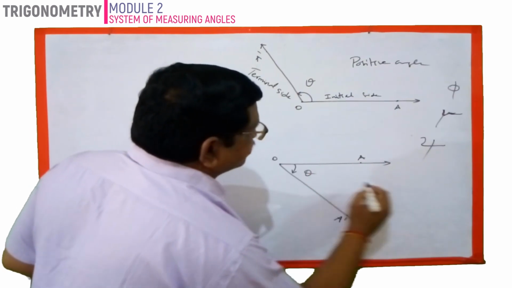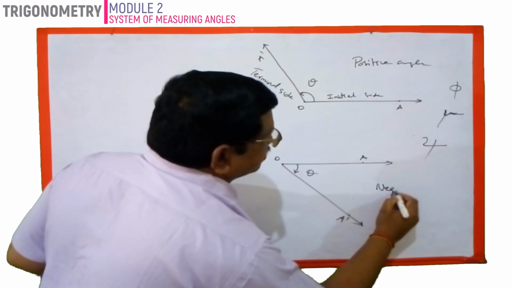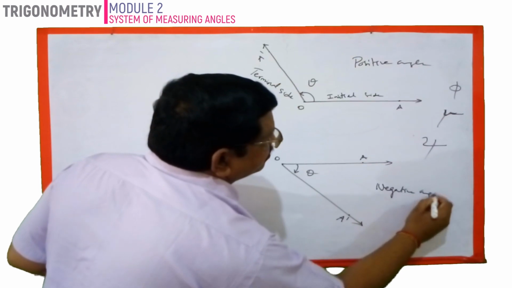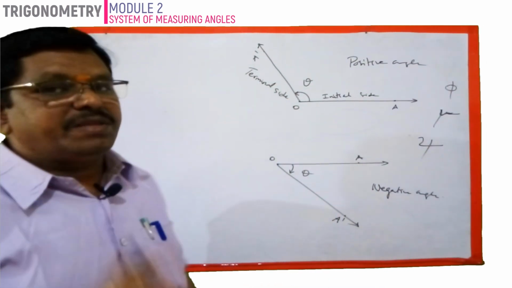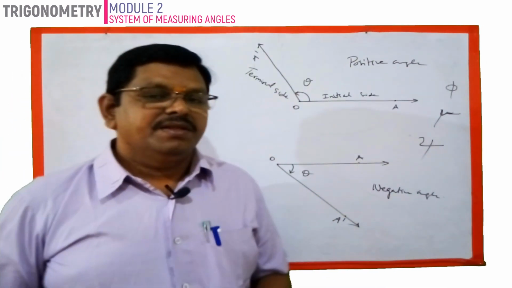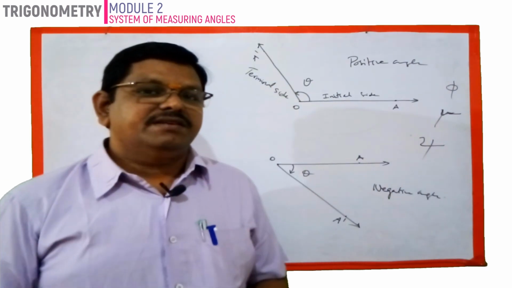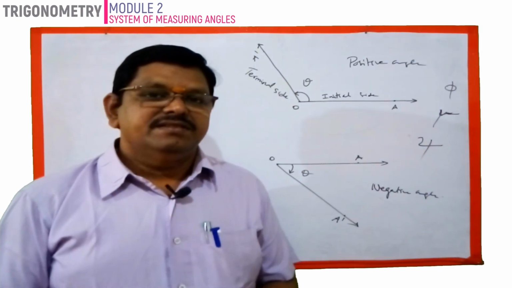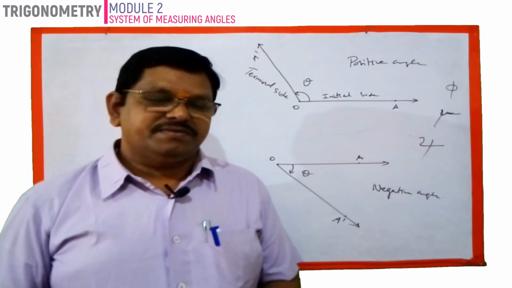Here this theta is called negative angle. So that is the difference between the positive angle and the negative angle. So how can this measurement of the angle be done? This is what we are going to discuss in this module.